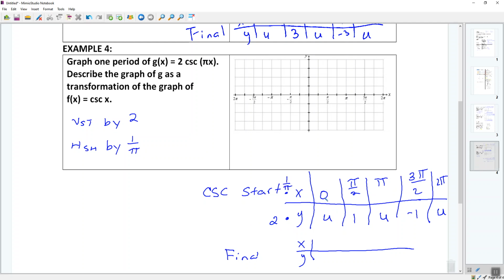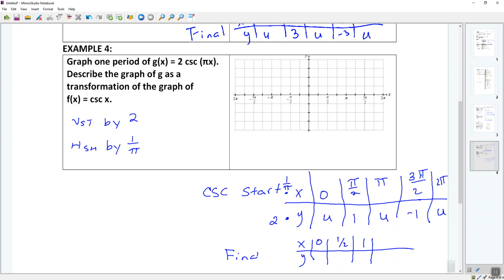Okay, so what's 1 over pi times? Let's do the x's first. 1 over pi times 0 will still be 0, right? What are the pi values really going to do to each other? Cancel. So won't that become 1/2 for the next one? 1 over pi times pi would just be what? 1. Okay, really the 1 over pi is just taking what out each time? Pi.